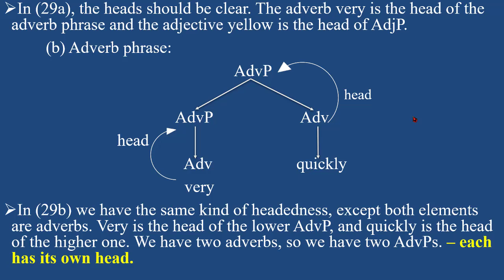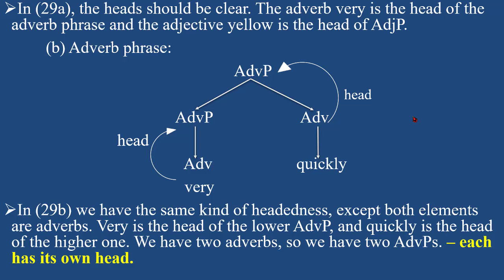Quickly is the head of the whole constituent because it gives the name to the category. This adverb phrase is an adverb phrase because it has a head which is an adverb. That's why it is called an adverb phrase.